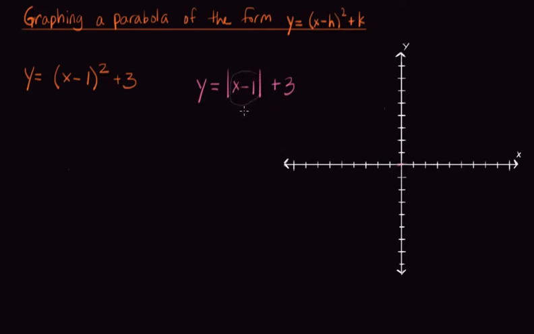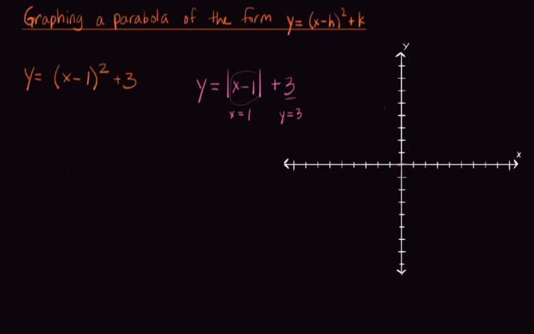That's the x value of the vertex. And this number here is the y value of the vertex. So x equals 1 would be the x value of the vertex, and y equals 3 would be the y value of the vertex. Well, it turns out that the exact same thing is true for a parabola.